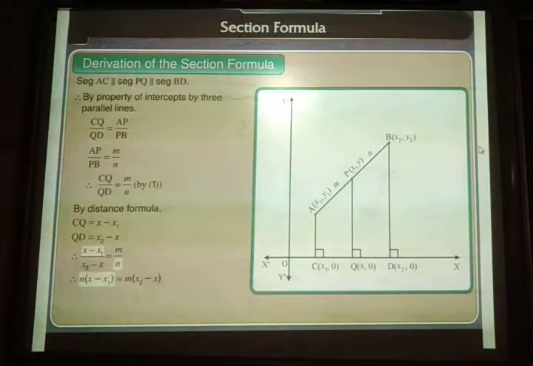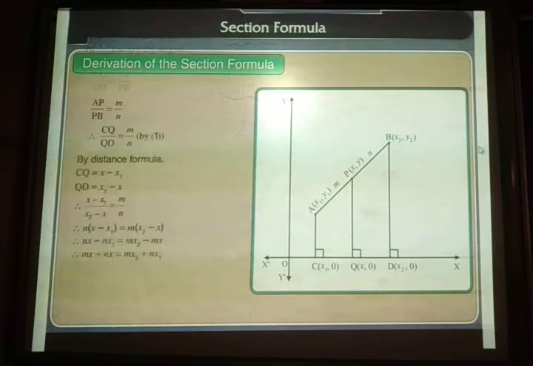Therefore, n into (x minus x1) is equal to m into (x2 minus x). Thus, we get nx minus nx1 is equal to mx2 minus mx. Therefore, mx plus nx is equal to mx2 plus nx1.